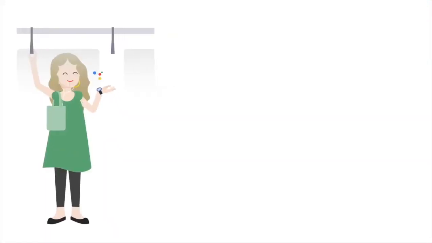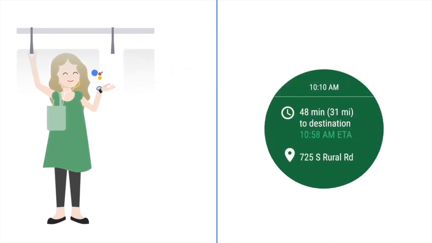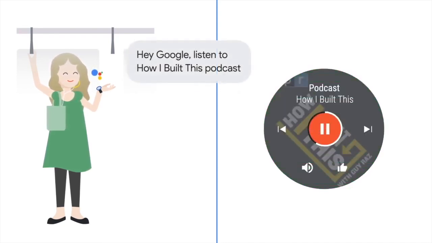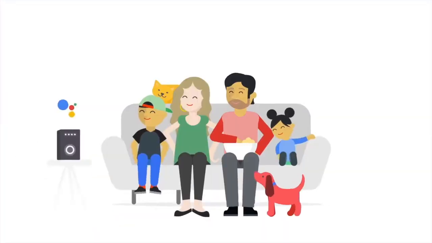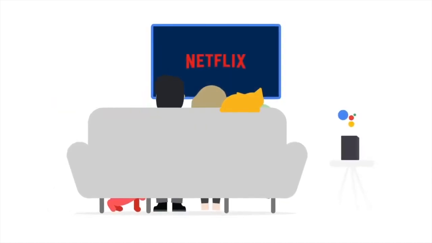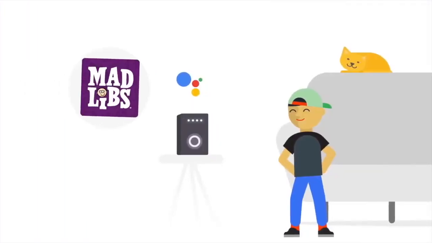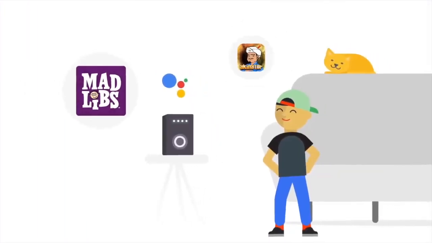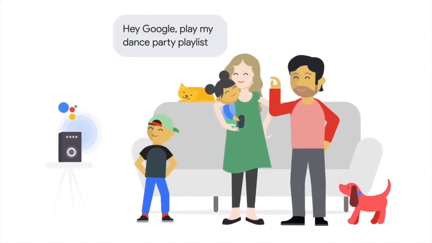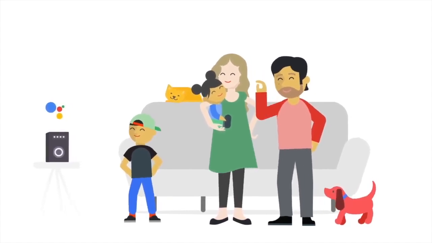And with the Google Assistant on your phone, on Wear OS by Google, and on Android Auto in your car, you can get traffic and travel information and listen to your favorite music and podcasts on the go. And when the family is hanging out for the evening, the Google Assistant lets you control the fun. Watch shows, movies, and YouTube videos from your favorite streaming services with Android TV or while connected to your Chromecast. Play games, get answers, hear jokes, and have a blast. Hey Google, play my dance party playlist. The Google Assistant is always there to help you with virtually anything, except maybe your dance moves. For more information, click here for the Google Assistant Help Center article.